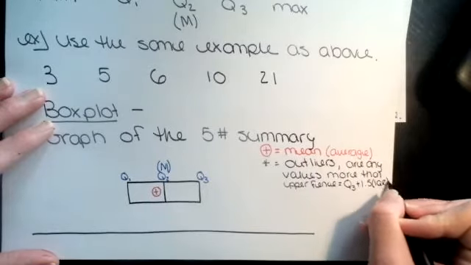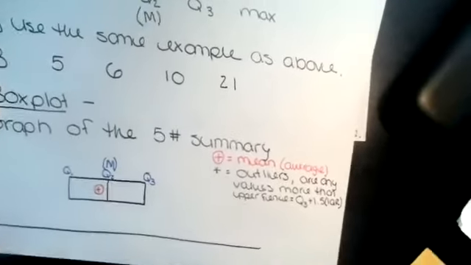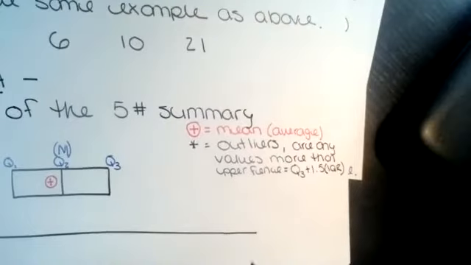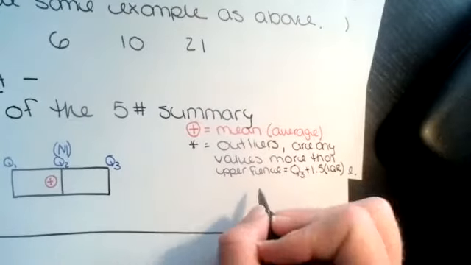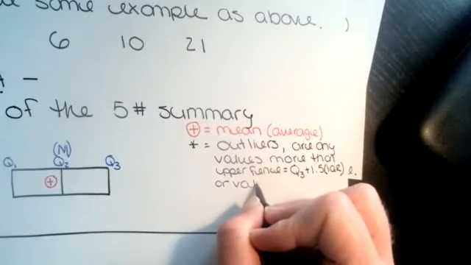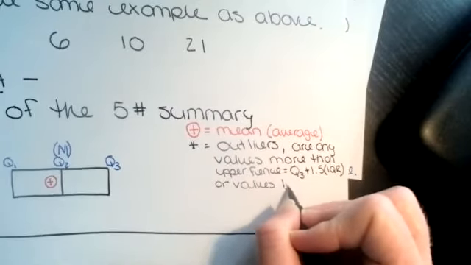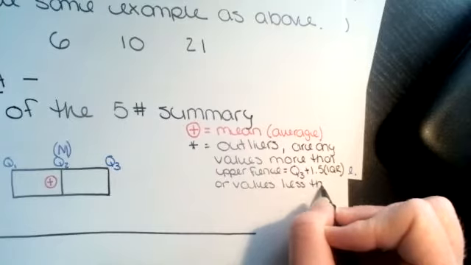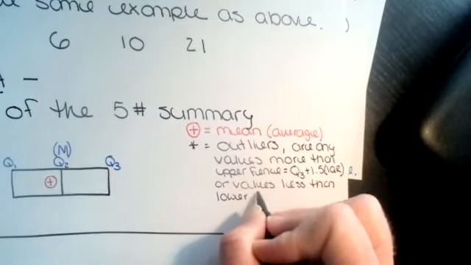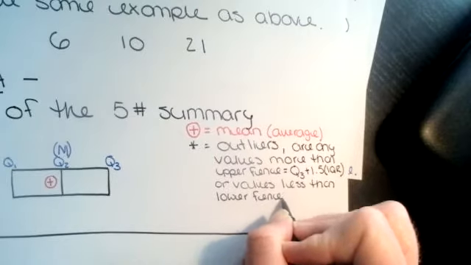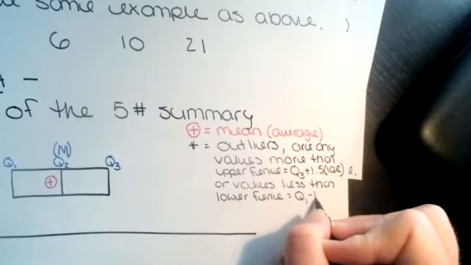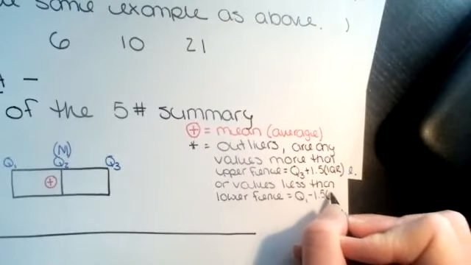So I have a calculation there for that. And then I have, or values less than my lower fence, which is equal to quartile 1 minus 1.5 times the IQR.